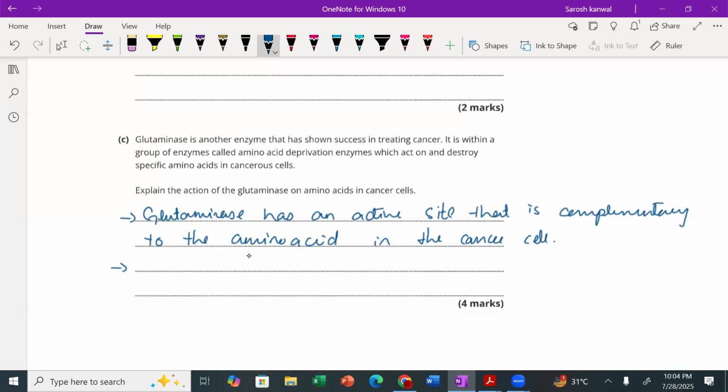Then glutaminase and the substrate, or the amino acid, form an enzyme substrate complex.